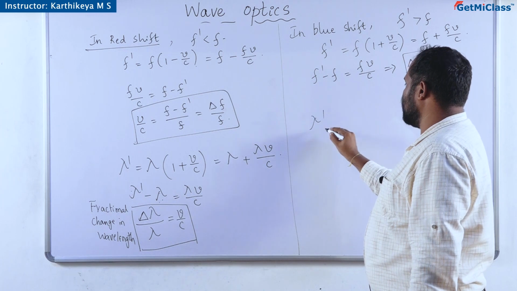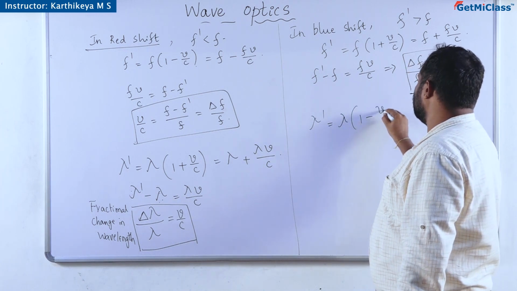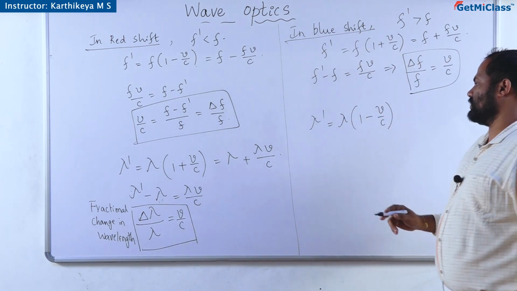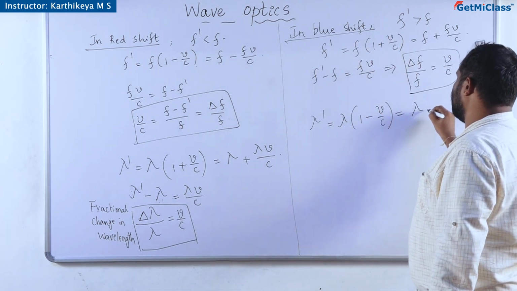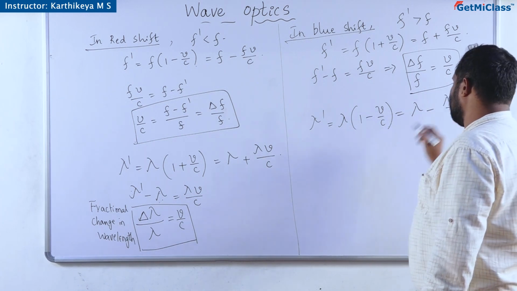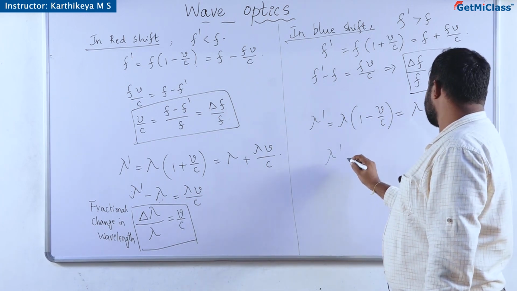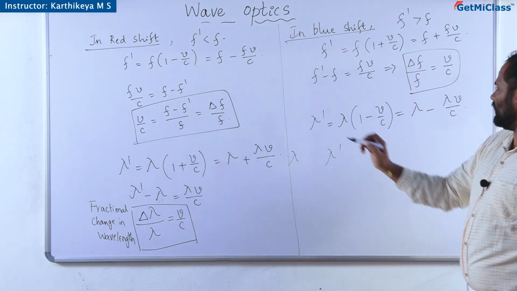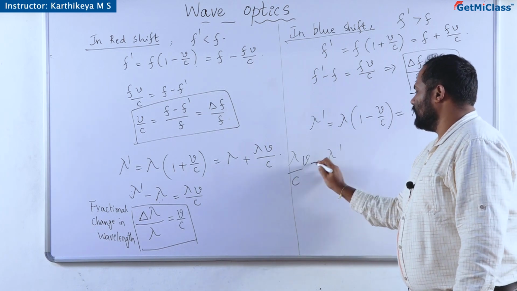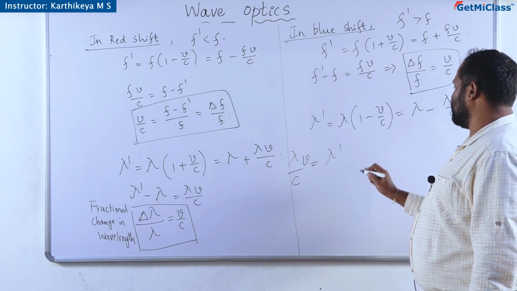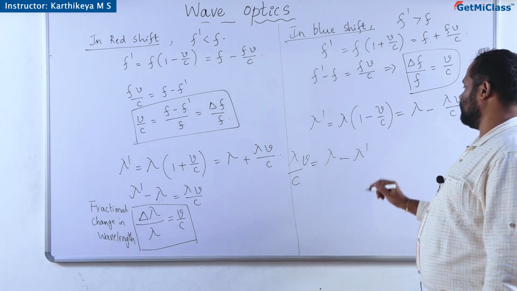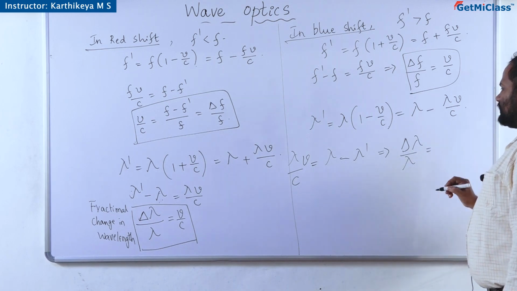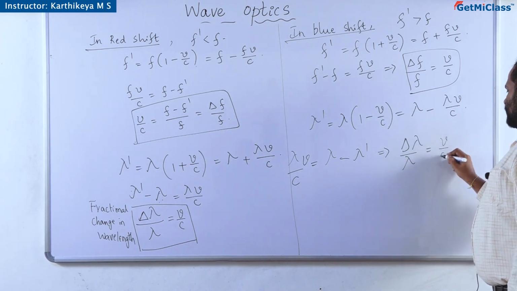Similarly, for wavelengths, lambda dash is equal to lambda into 1 minus v by c. In blue shift, apparent wavelength decreases. So that is lambda minus lambda v by c. Taking this to the left-hand side, lambda v by c is equal to lambda minus lambda dash. That implies delta lambda by lambda is equal to v by c.